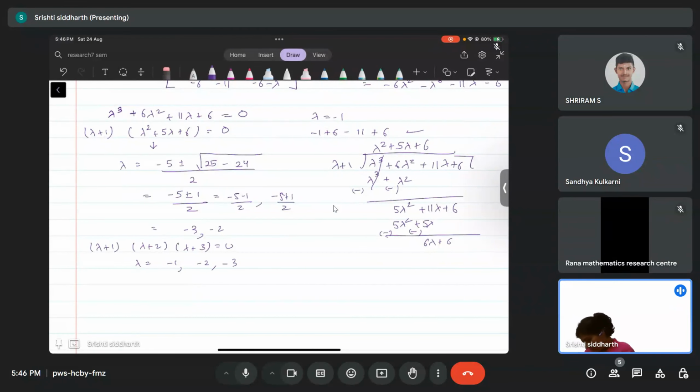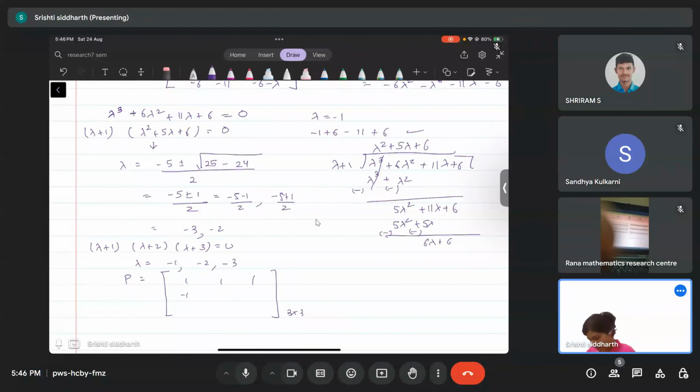We have the lambdas thus. Alright, so now let's quickly form the transformation matrix. The matrix is going to be 3 by 3, the same size as the A matrix. Then we have row 1s, then lambda 1, lambda 2 and lambda 3, and then 1, 4 and 9.